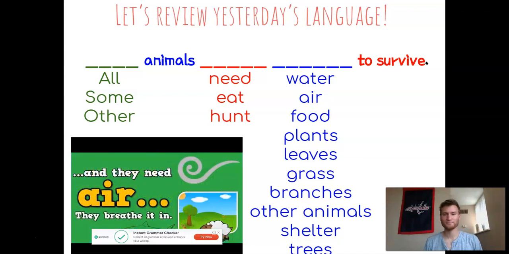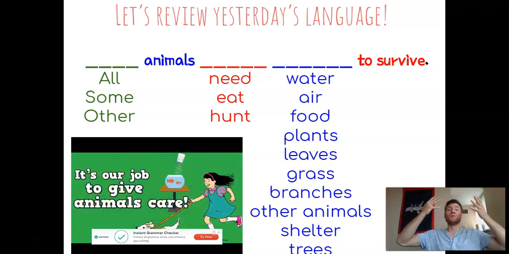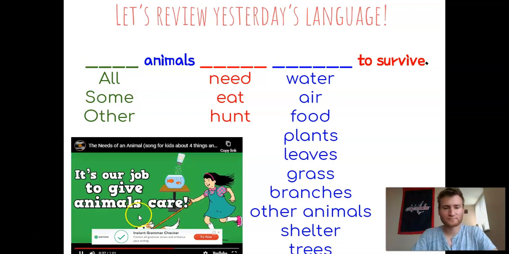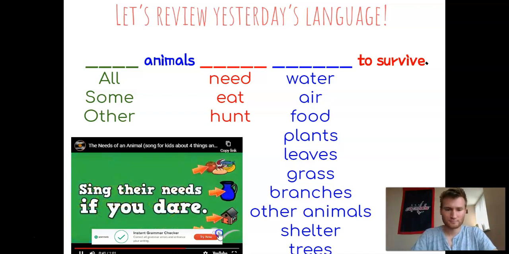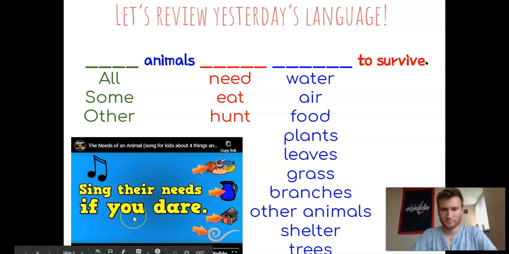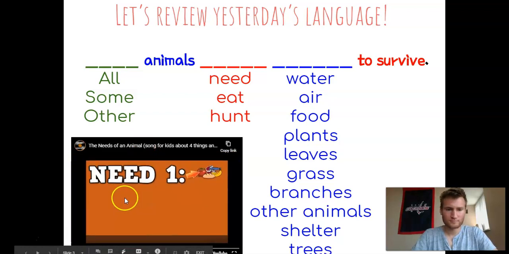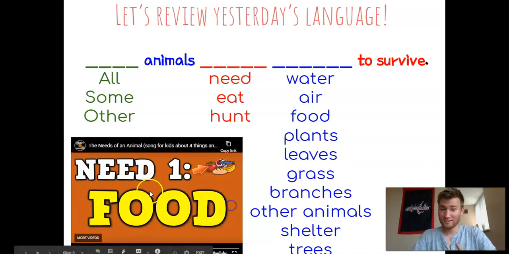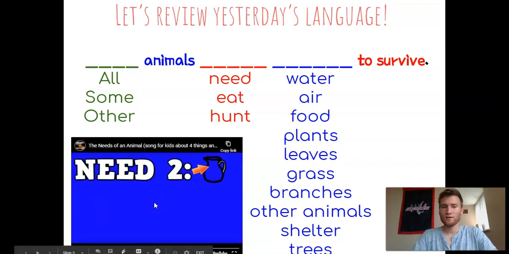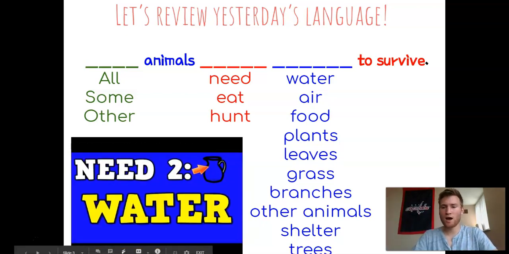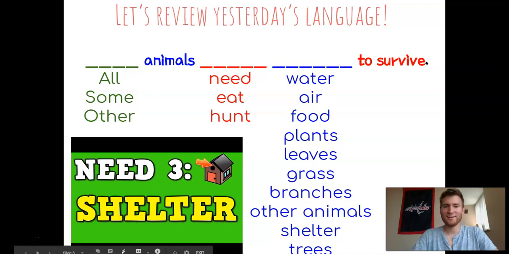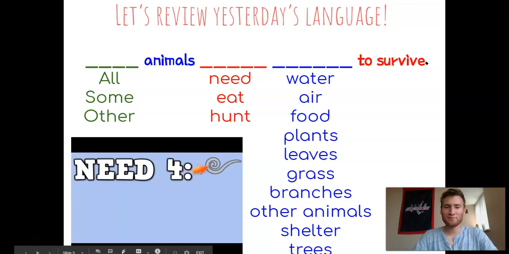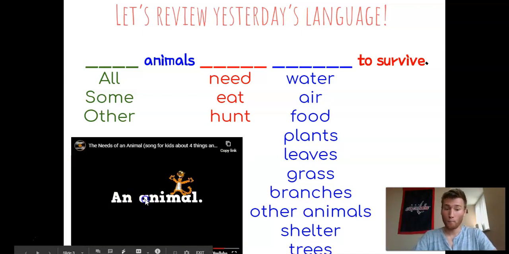And they need air, they breathe it in. It's our job to give animals care. Sing the needs if you dare. Need one, food. Need two, water. Need three, shelter. Need four, air.